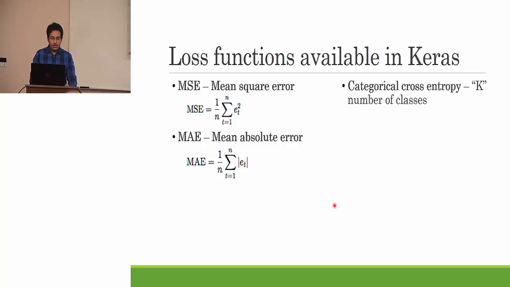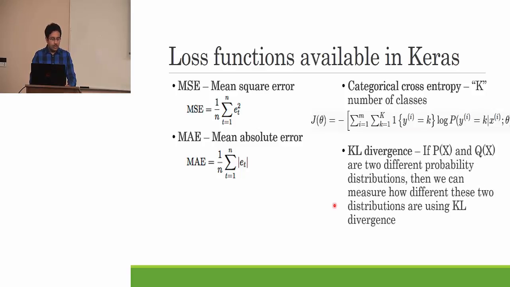These are generally used in regression problems. There's also categorical cross entropy, where if you are doing classification on k number of classes, you use cross entropy. And there's something called KL divergence. If you have two probability distributions and you want to see how different they are, you use KL divergence to compute the difference value.